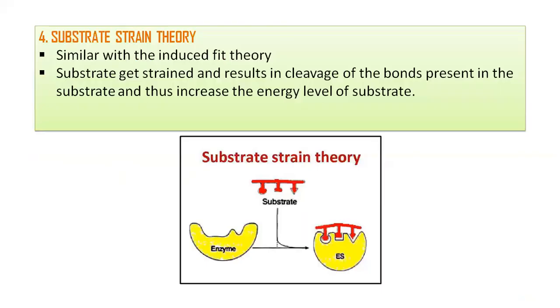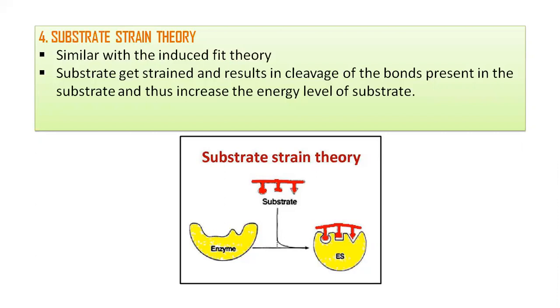Next one, substrate strain theory. This is similar to the induced fit theory. Substrate gets strained and results in cleavage of the bonds present in the substrate and thus increases the energy level of substrate. Here you have to remember that in the same way as earlier stated in all the theories, enzyme acts on substrate and forms ES complex.